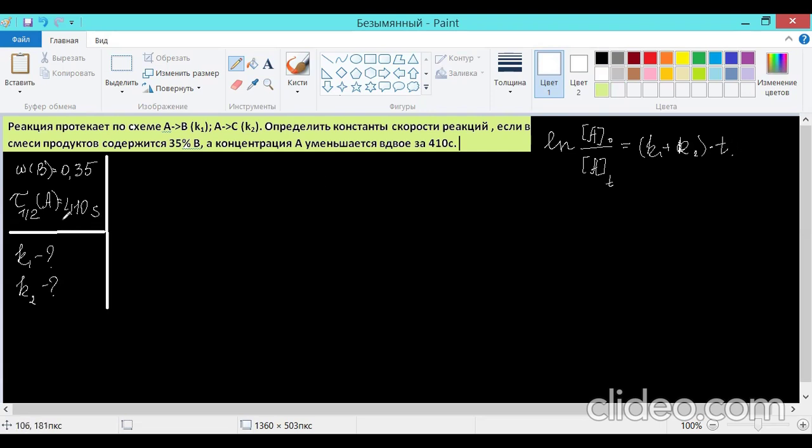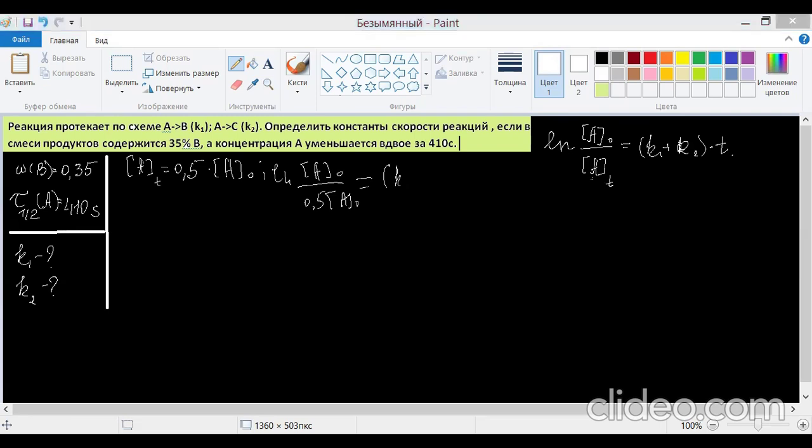Okay. What does it mean? Tau means that the concentration of A at this moment is equal to half of its initial concentration, right? So let's substitute this into this formula, and what do we get finally? The sum of these rate constants times, but now not t, but tau.